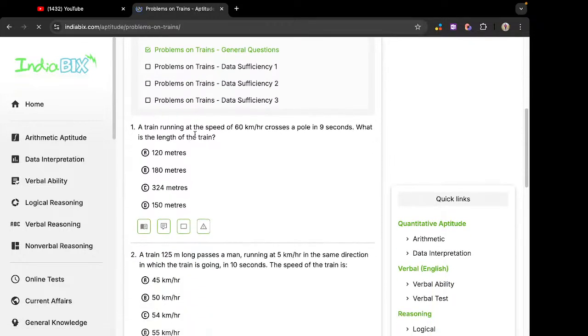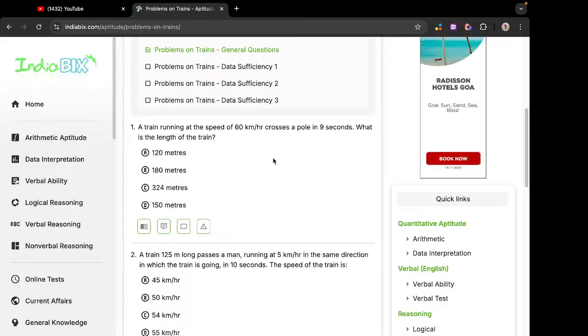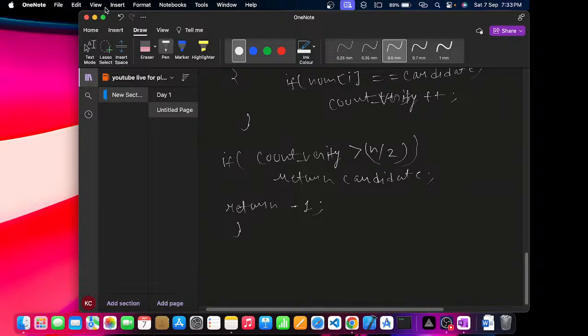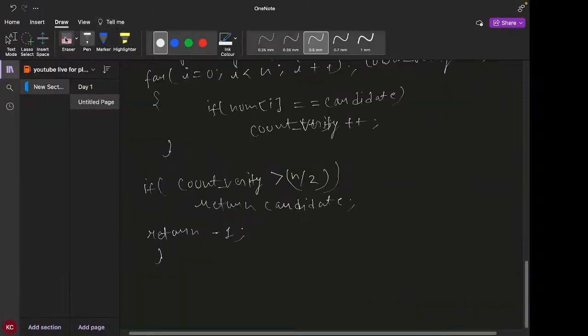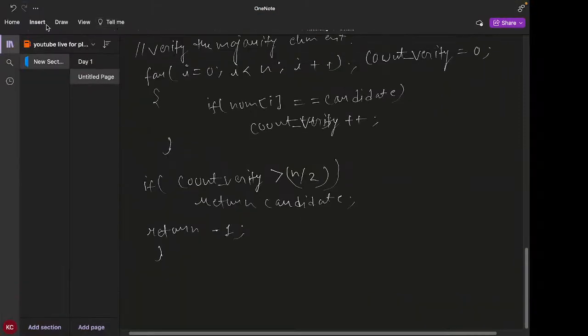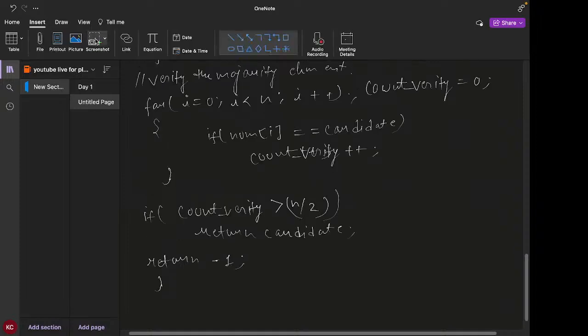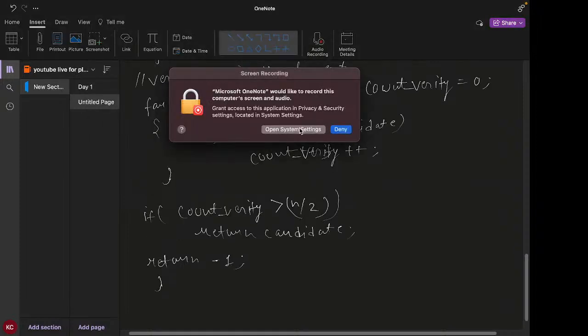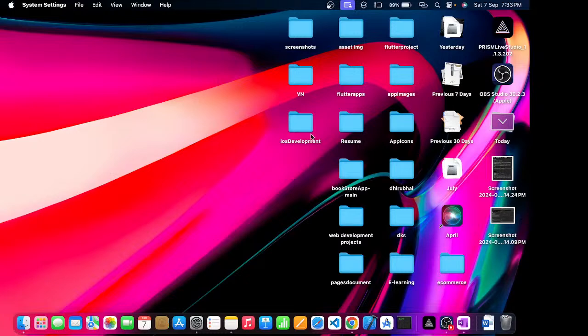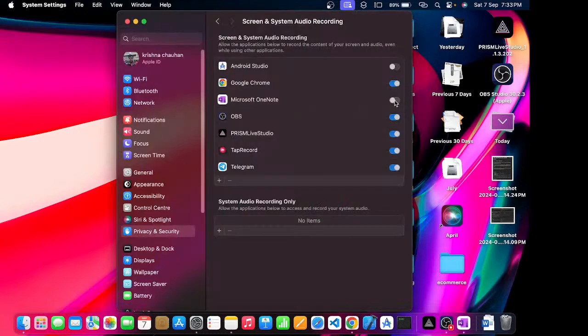Definitely, a train is running at the speed of 60 kilometers, so I have to take the snapshot. I forgot how I took the snapshot. Open settings. Allow Microsoft OneNote.